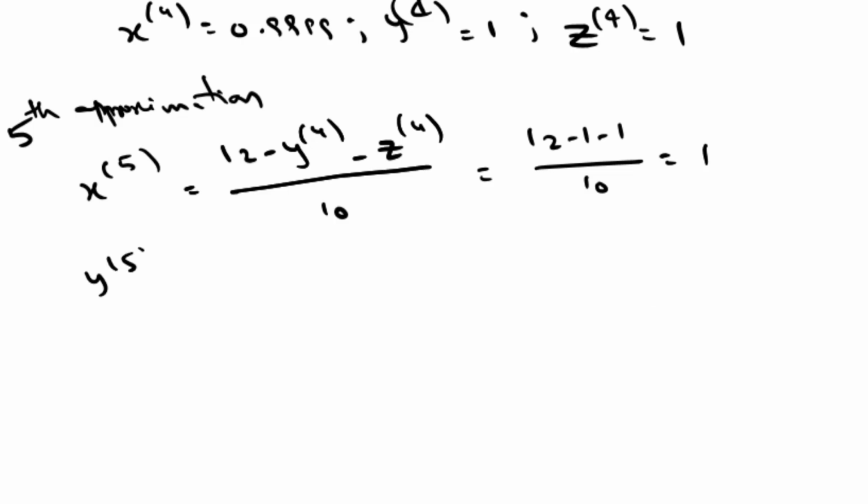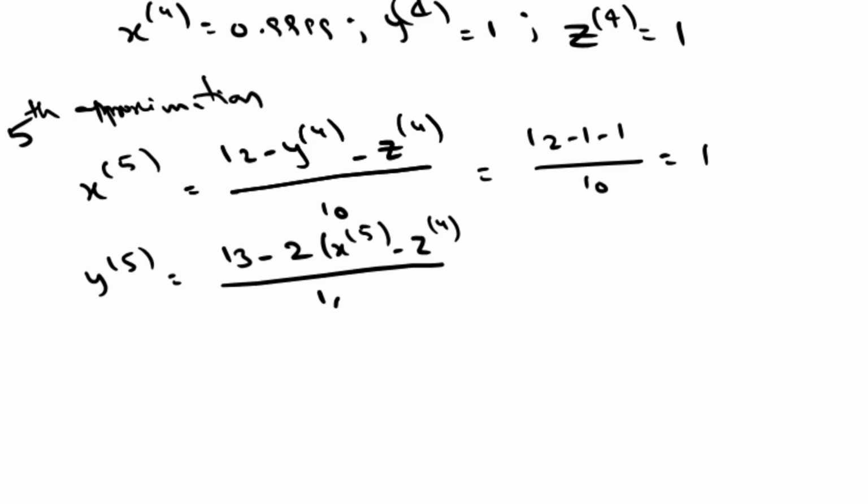Y of the fifth approximation is equal to 13 minus 2 into x of the fifth approximation minus z of the fourth approximation, divided by 10, equals 13 minus 2 minus 1 by 10, which is equal to 1.